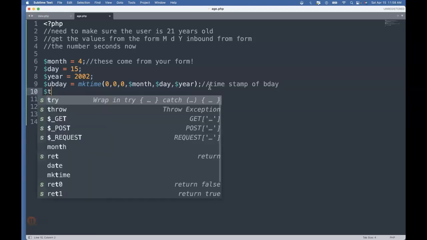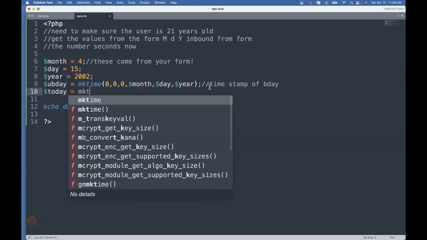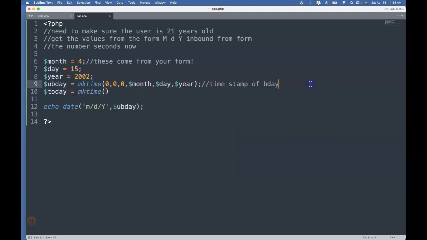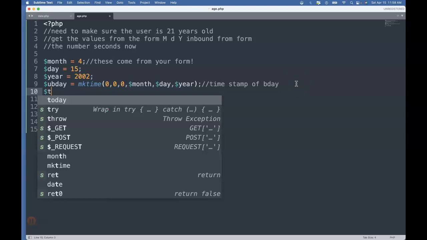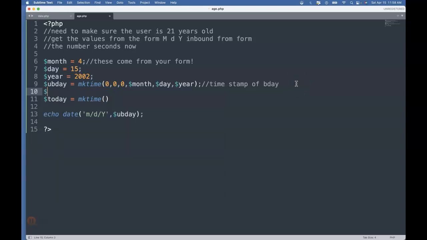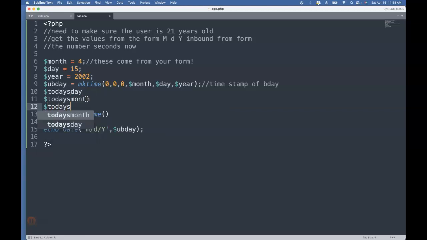So our variables for something this confusing really need to be mktime, and we need to populate month, day, and year with a number. Today would be mktime, but we need today's date, day, and today's month. We're just working to get the number of seconds since the Unix epoch for today.